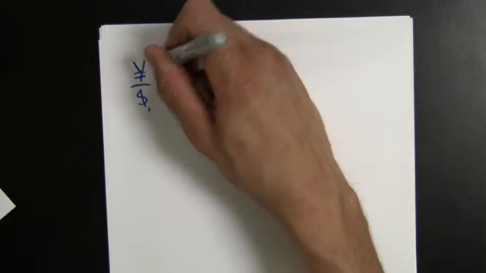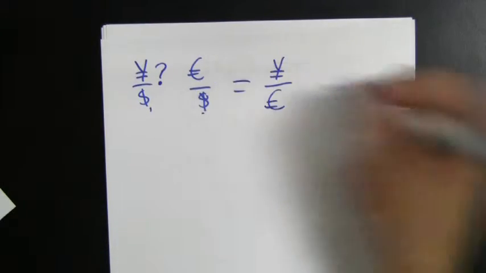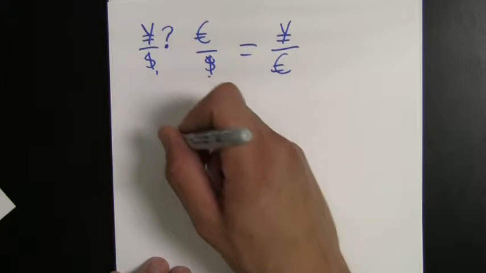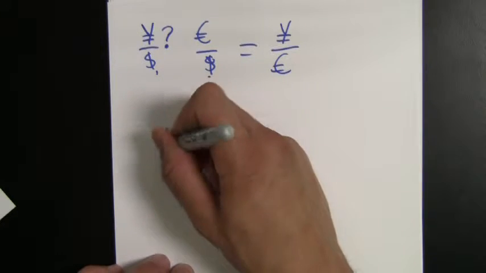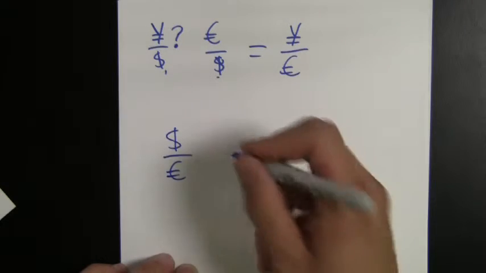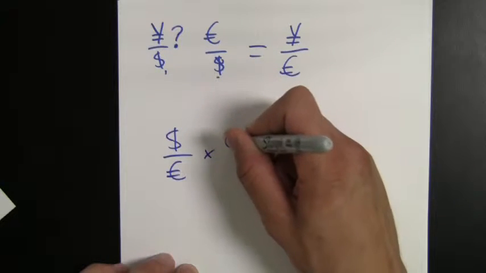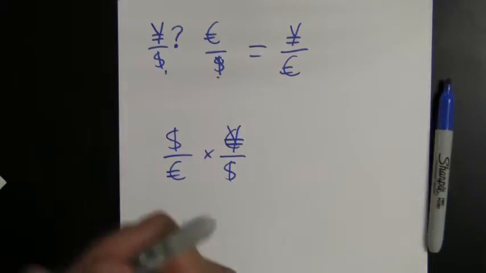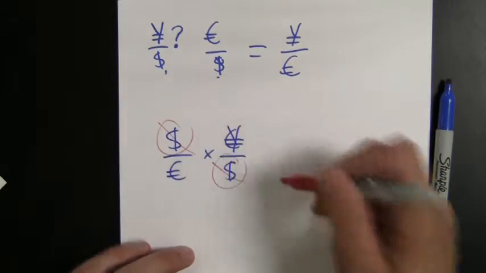So what do we have to do to this so that we can get this? The idea is we need to take the reciprocal. We need to actually take dollars over euros, which is the reciprocal of the item you're given, and multiply it by yen over dollars, so that the dollar signs cancel out.